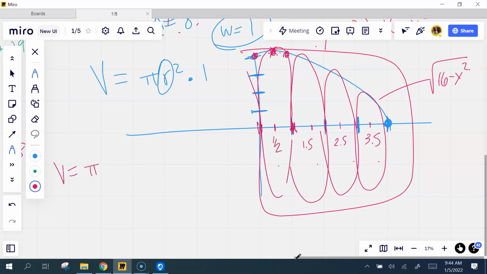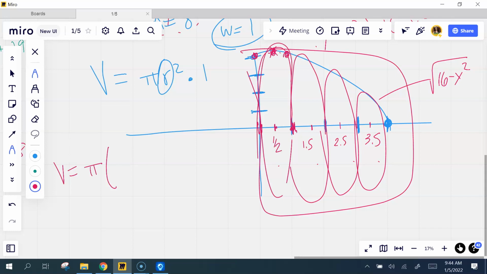Pi. What is r? How'd you get it? R is 4 for the entire sphere, but not for my little piece that I'm pulling out. Okay, so 0.5 is where I'm measuring from.